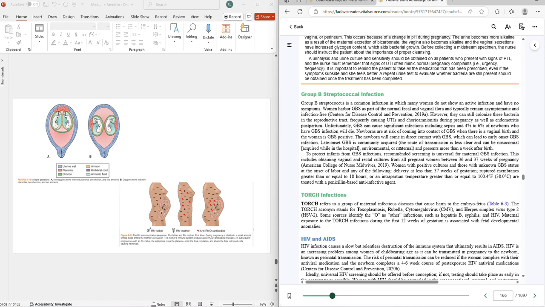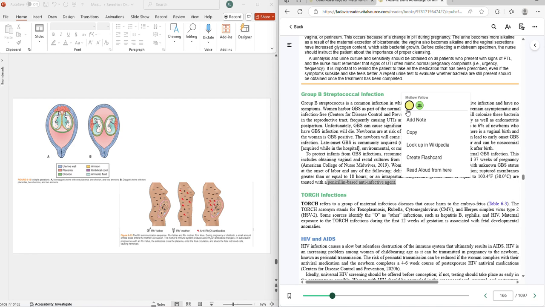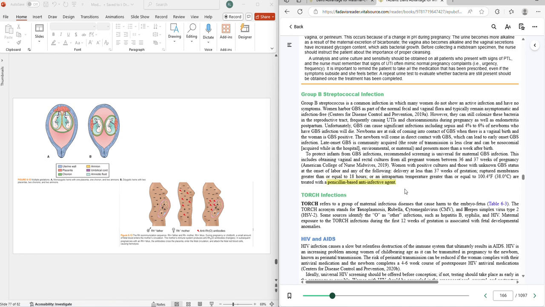I was GBS positive. Happened to me. Like, I got it with my first one. They didn't even bother testing me with number 2 and number 3 because I was positive in the first one. So I got the ampicillin. You have to get the ampicillin. You need at least 2 doses while you're in labor. Okay. All right, but it is a penicillin-based anti-infective agent is what it's treated with. Okay, so please understand that you need to know that.